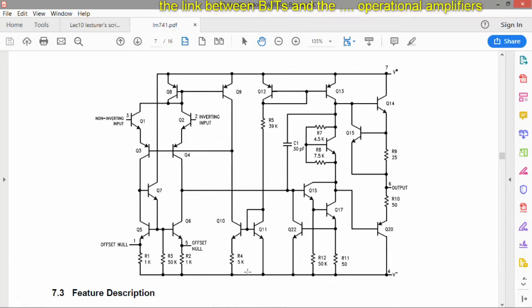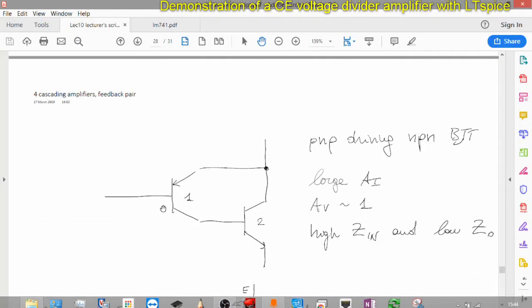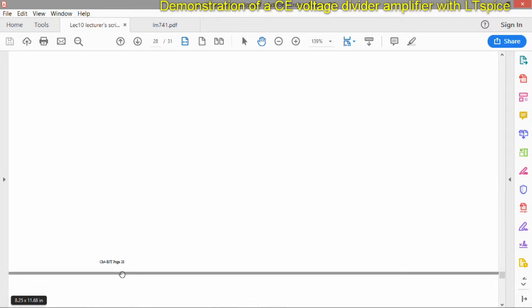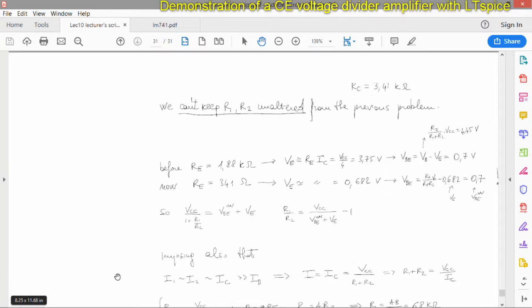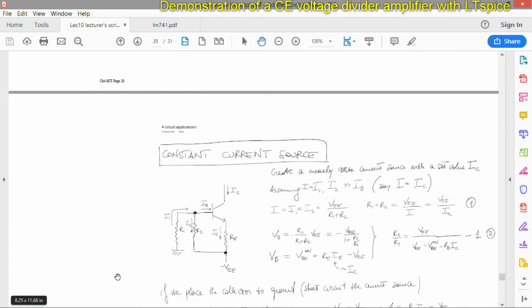That's my hope. Okay, so I wanted to conclude. We have really few minutes. I wanted to show you, I had prepared at the very last of this part of this lecture, some circuit applications.